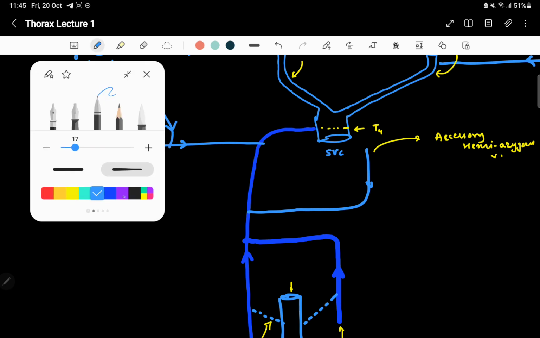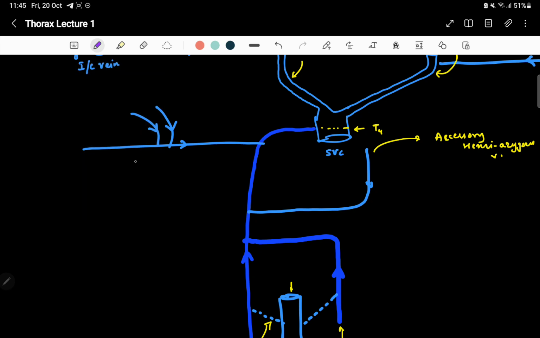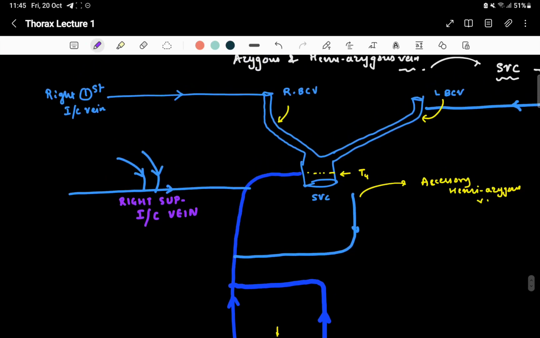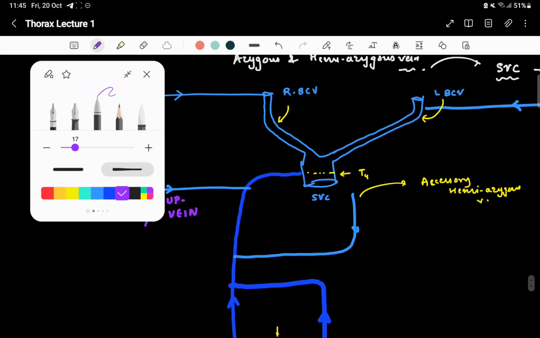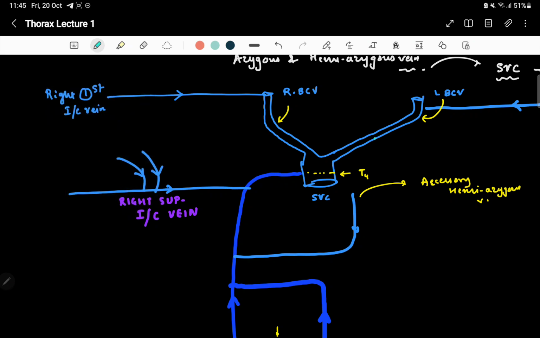This is called the right superior intercostal vein. And on this side also, but it doesn't drain into your azygous vein, it drains directly into the right brachiocephalic.